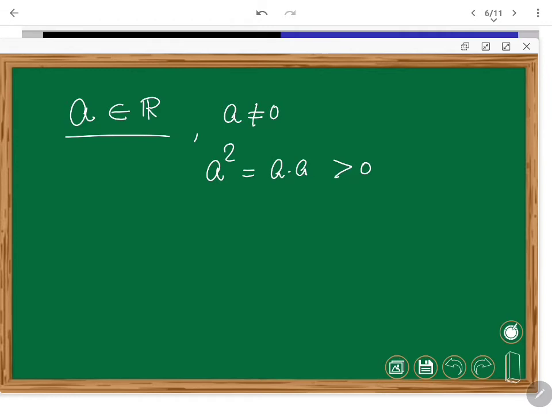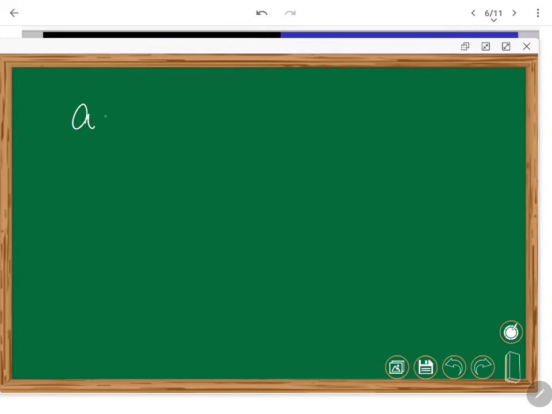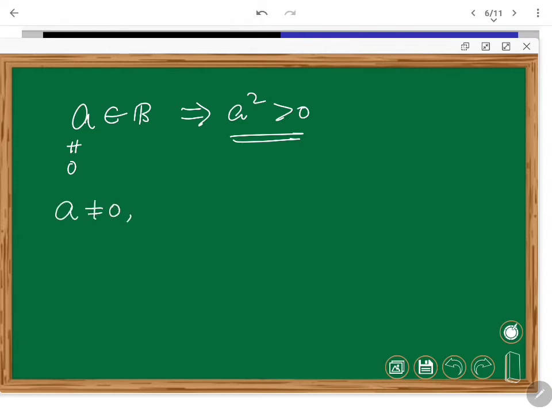So how to prove this? You want to prove that this is greater than 0. A is a real number. A is not equal to 0. Then A square is greater than 0. A is given to be non-zero. So there are two possibilities.